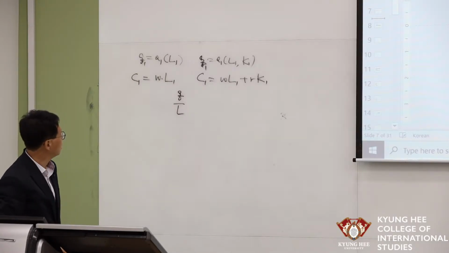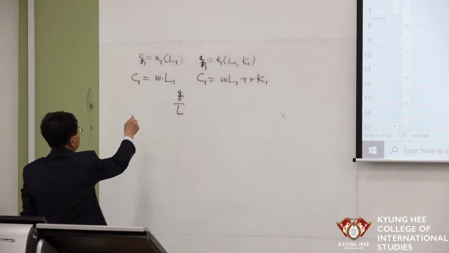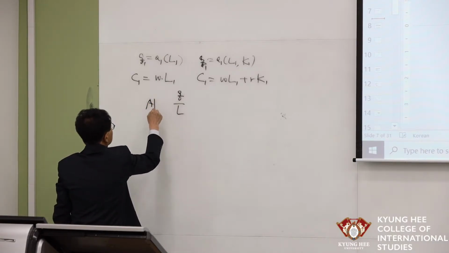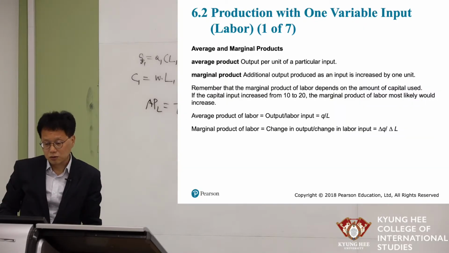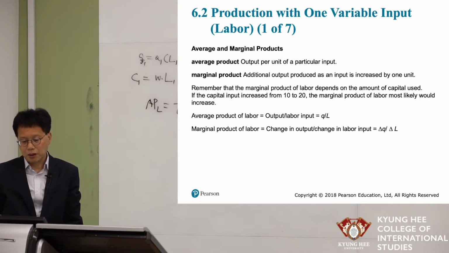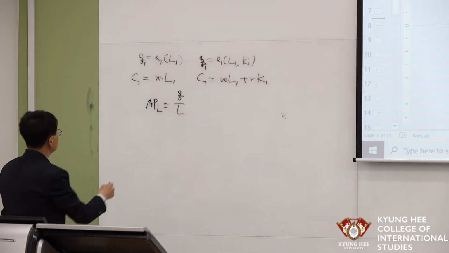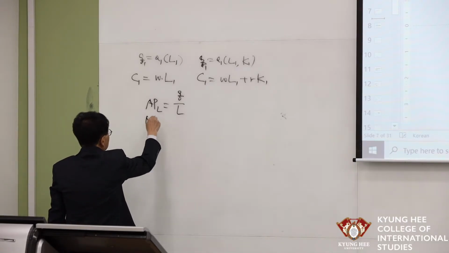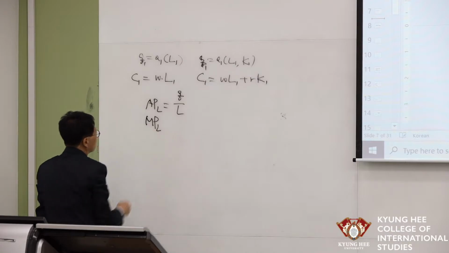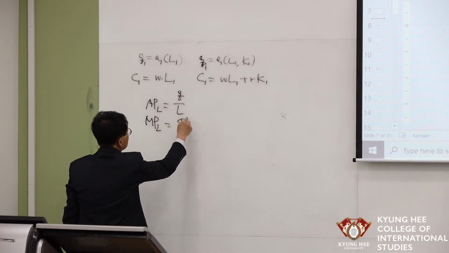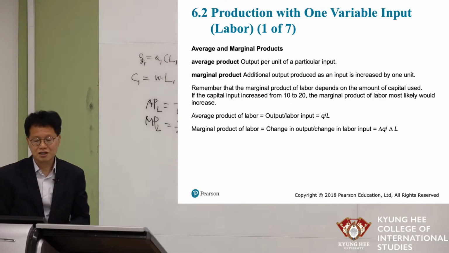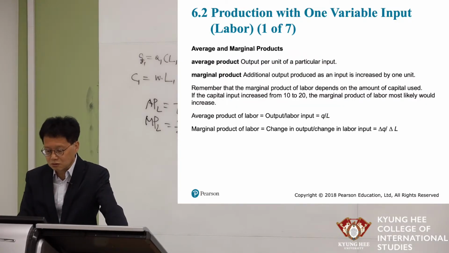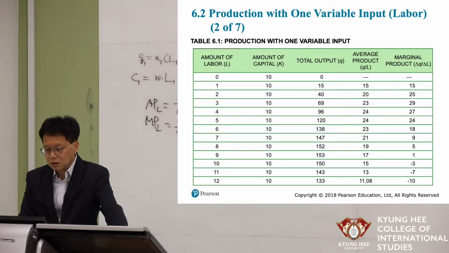Average product of labor is Q divided by L. Nothing new. And marginal product of labor is change in Q over change in L. That is the definition. We already studied it in Mankiw's Introduction to Economics book, right?